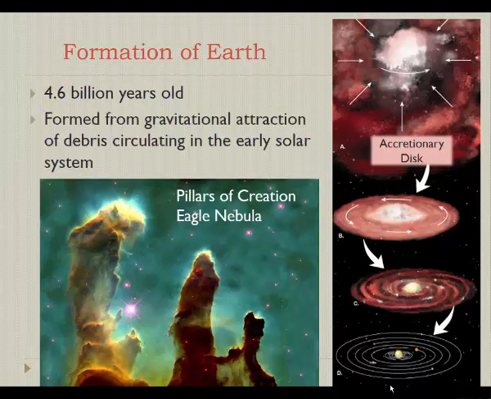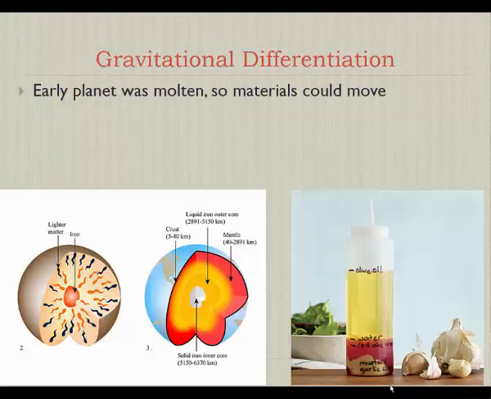So to review, gravitational attraction is what is pulling all this material together, and that's what formed our Earth, but also the other planets and our sun. So gravity is obviously an important theme here, and when our planet was first formed, it was very, very hot.